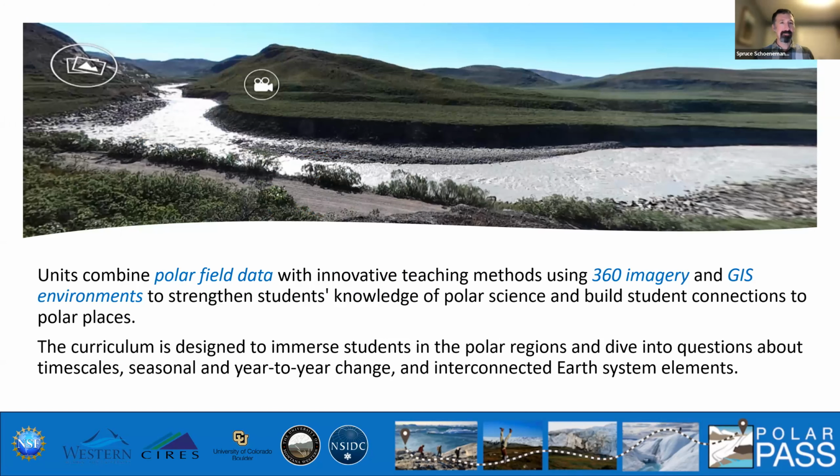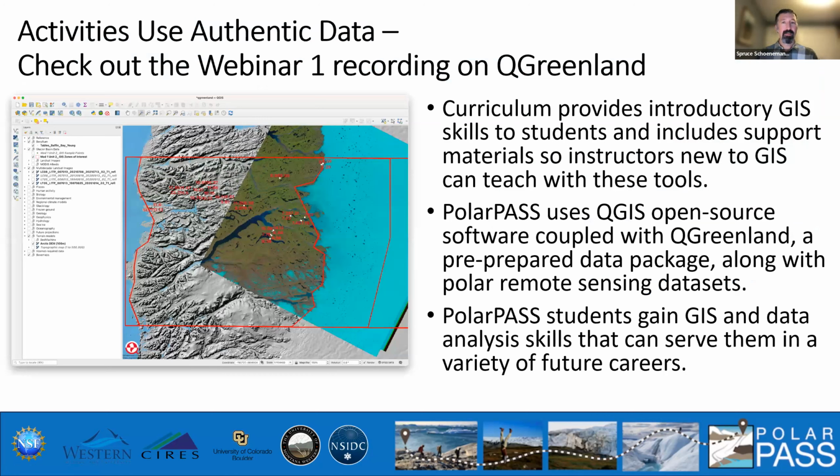Next slide. So this is just an example from the previous webinar, which used Q Greenland, which is a database that has already been prepared. It's a full package with different layers of both DEMs, Landsat imagery, ice velocity.